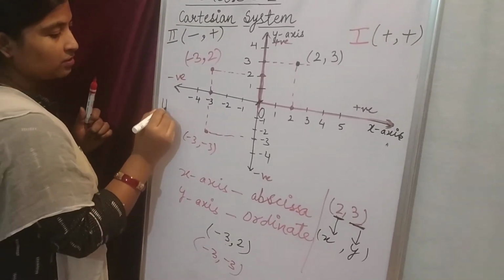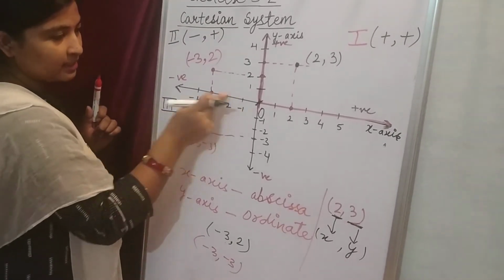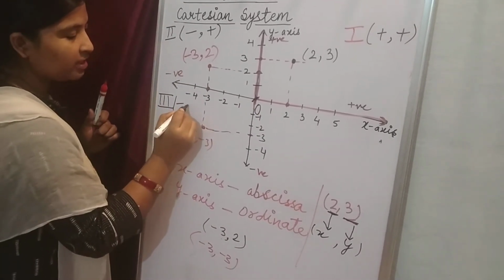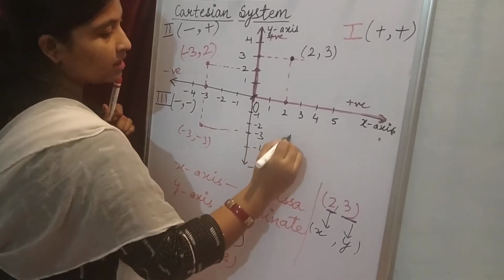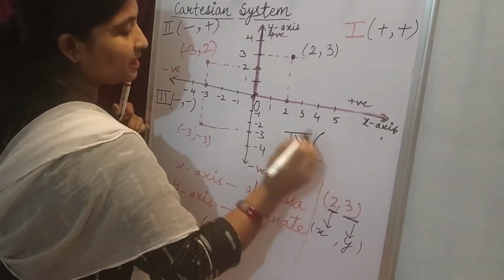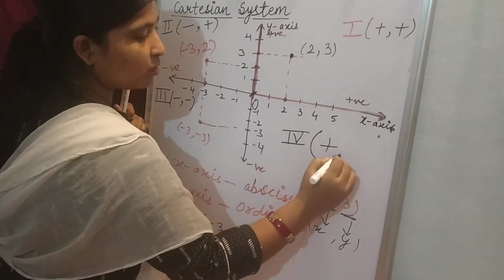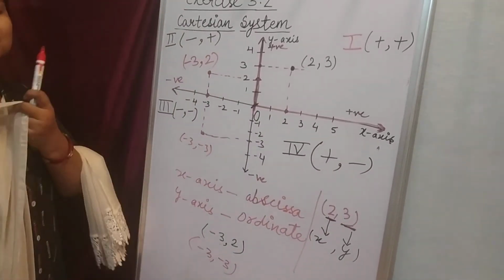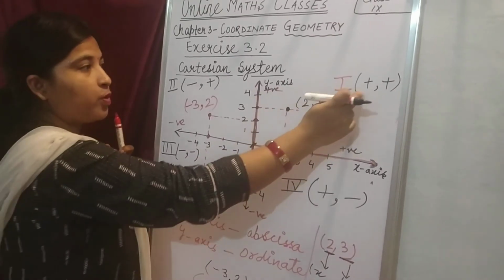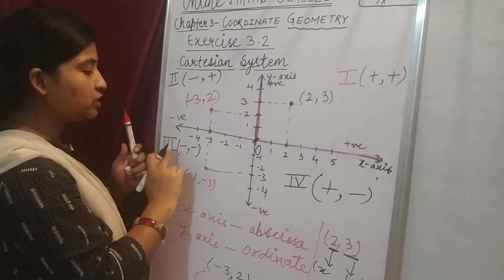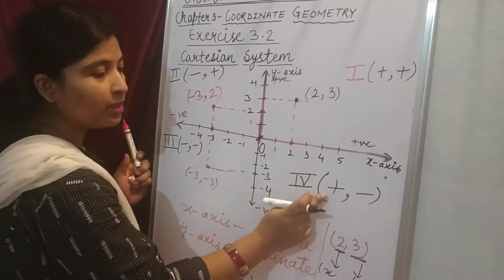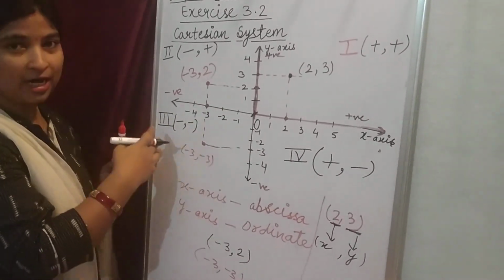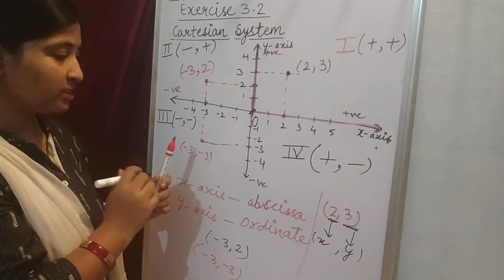On the third quadrant, the x-axis is negative and the y-axis is also negative, so you will represent minus, minus. On the fourth quadrant, the x-axis is positive and the y-axis is negative. So these are the signs of the quadrants. First quadrant positive, positive; second quadrant negative, positive; third quadrant negative, negative; fourth quadrant positive, negative. You can learn it, and you can make sense of it.